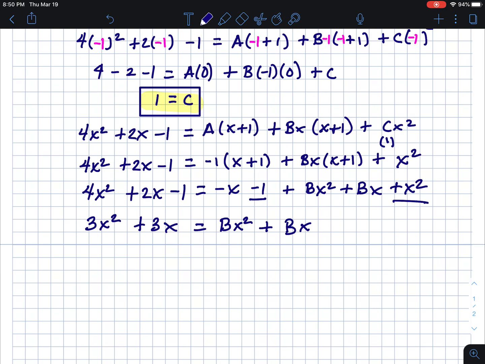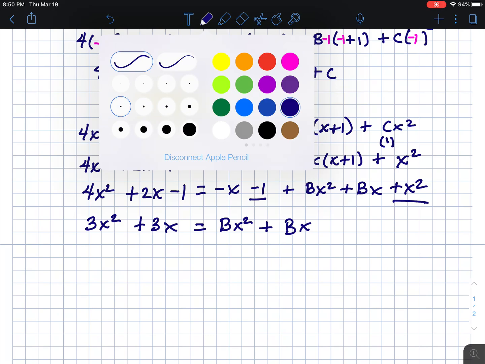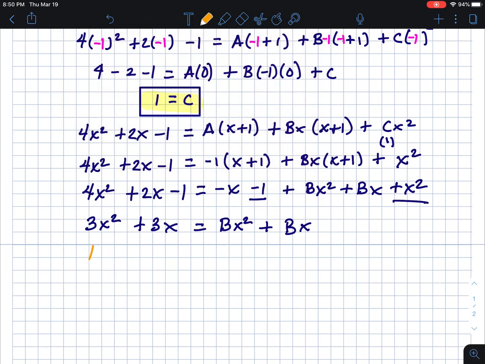Again, we're just combining like terms, the left and the right. So now what are we going to do? We want to get b all by itself. One thing we can do is let x equal 1.